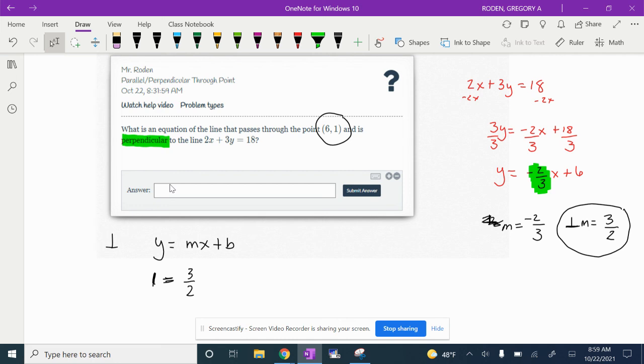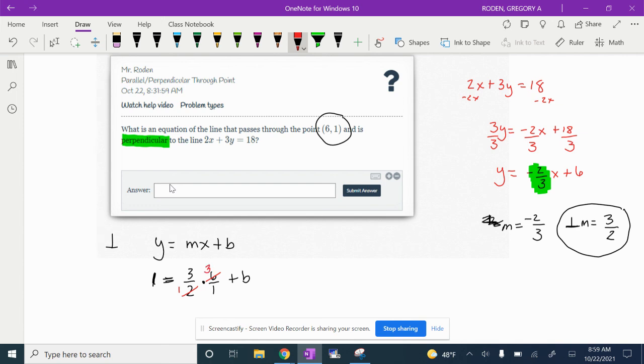Instead of an x, I'm going to put in a 6. And I'll call it 6/1. And then I'm still going to solve for b. Okay? So let's see here. I like to simplify before I multiply my fractions. So 2 goes into itself once, and 2 goes into 6 3 times.